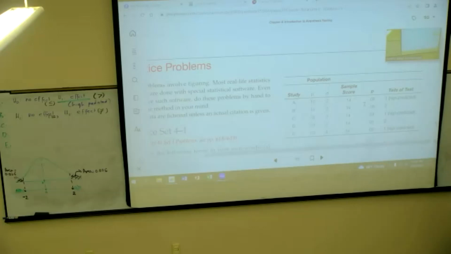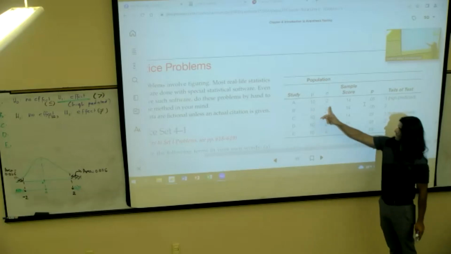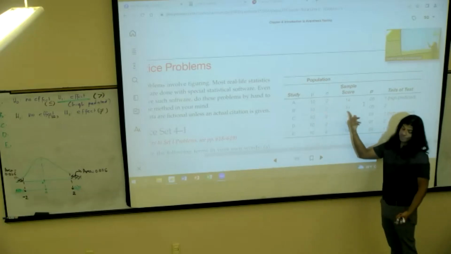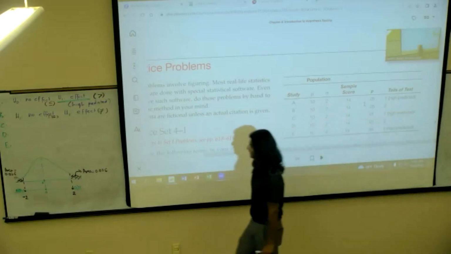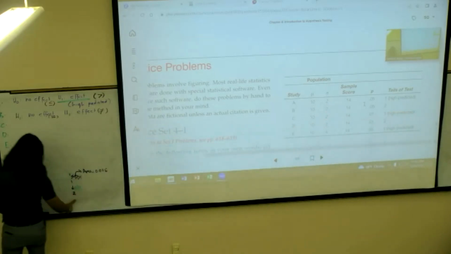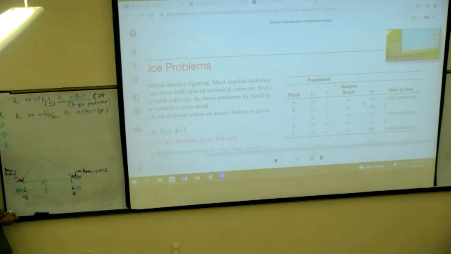No, it can't be. Rachel says no, because mu is the same, sigma is the same, sample score is the same, it doesn't change. So these 2 values are the cutoffs. The sample z-score that we had was exactly 2.